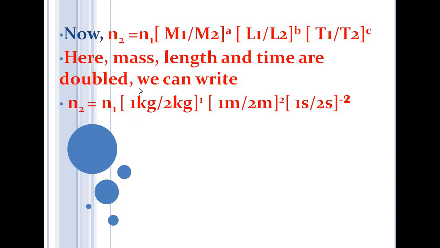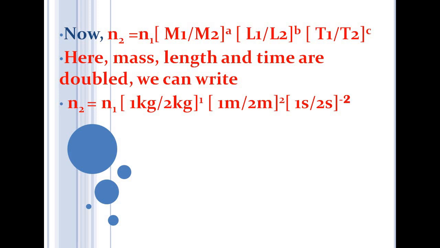M1 equals, suppose, 1 kg. If 1 kg is chosen as M1, then the mass is doubled, so M2 must be 2 kg and a equals 1, the dimension of the mass. Similarly if 1 meter is chosen for L1, L2 must be 2 meter, and 1 second, 2 second, b equals 2 and c equals -2.